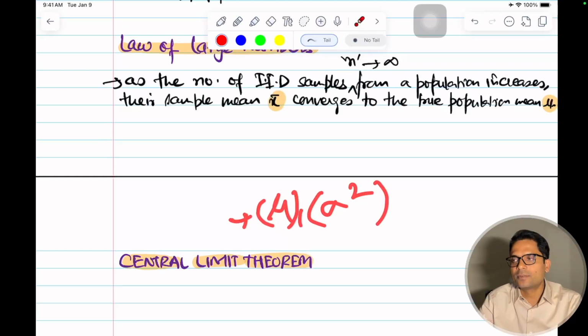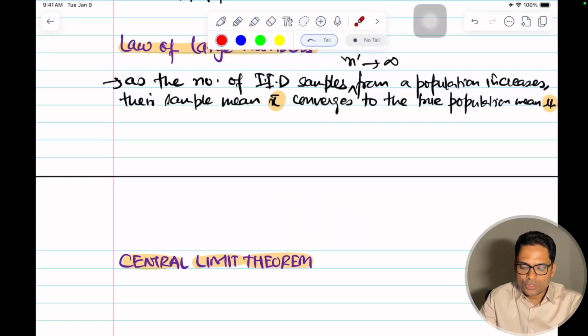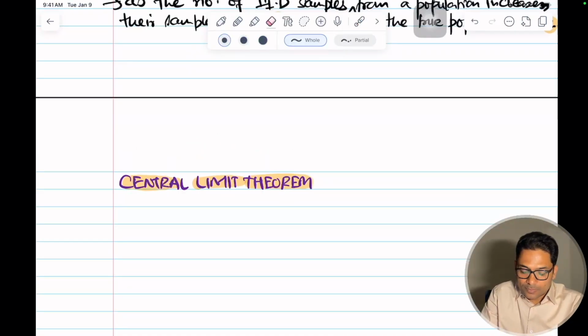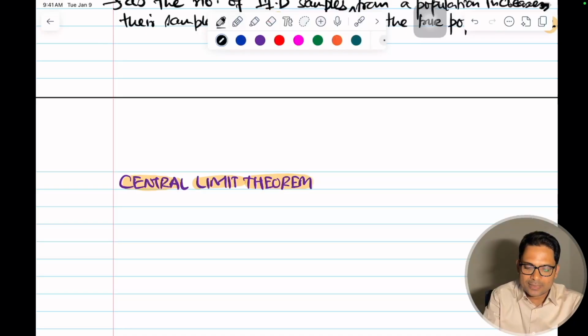Though I have collected many samples, as this n increases, I'll collect my multiple samples.